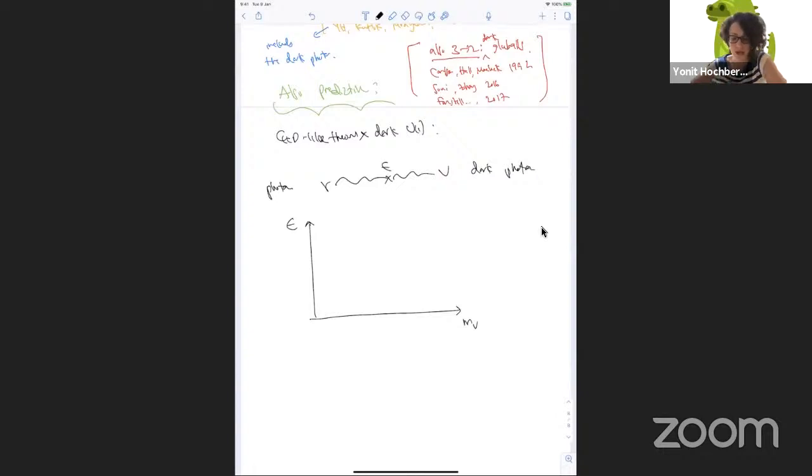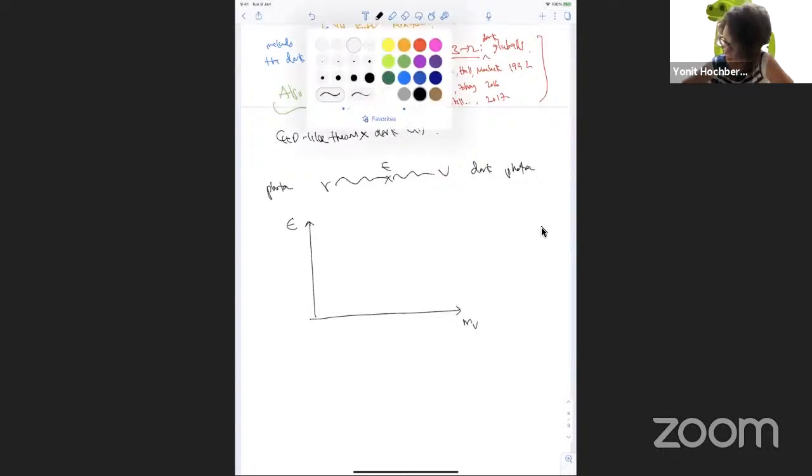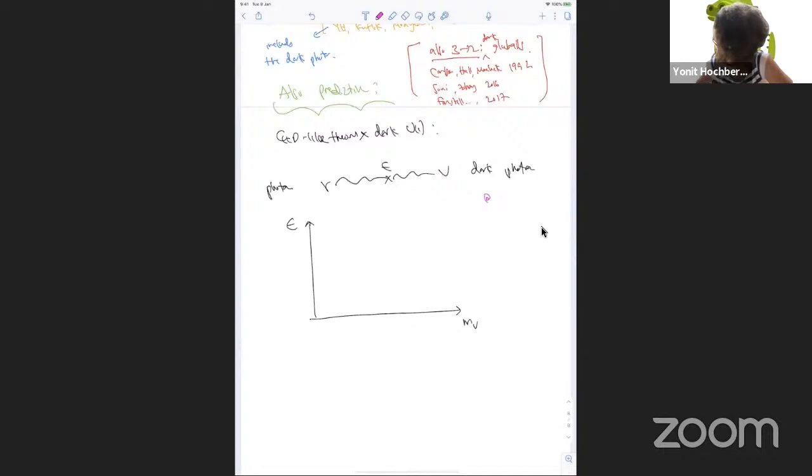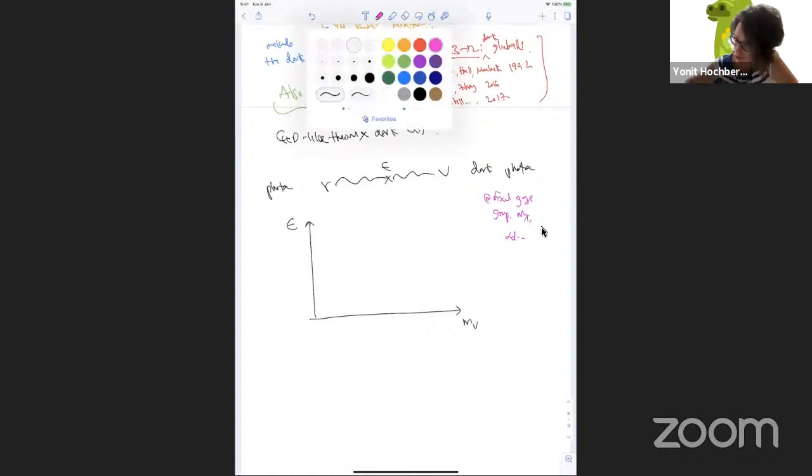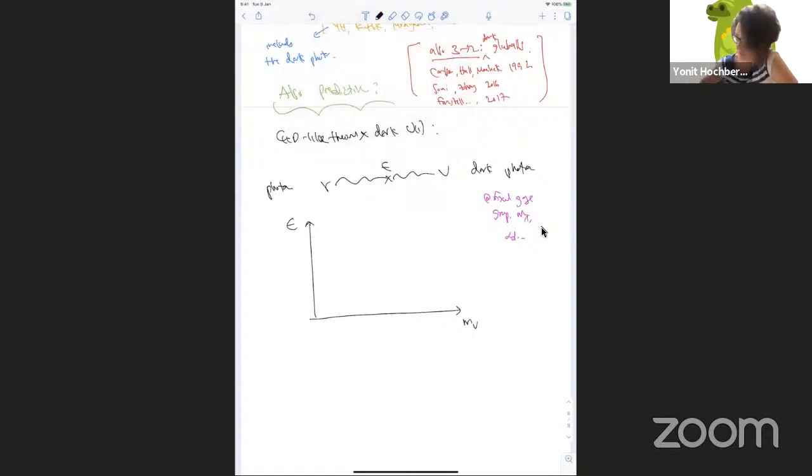So this is drawn at fixed gauge group, fixed m_pi, fixed alpha dark, etc. I fixed everything except for the size of the coupling and the mass of the dark photon.